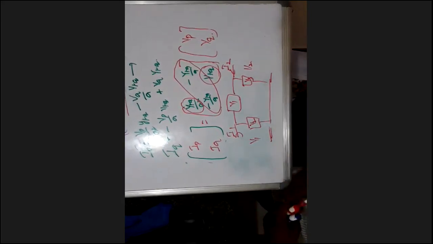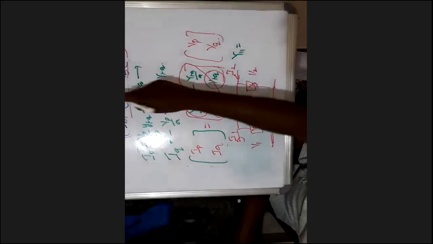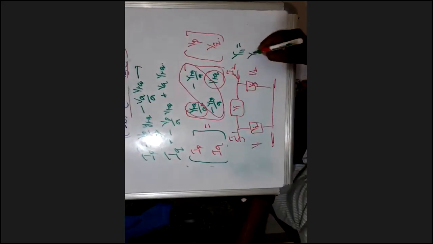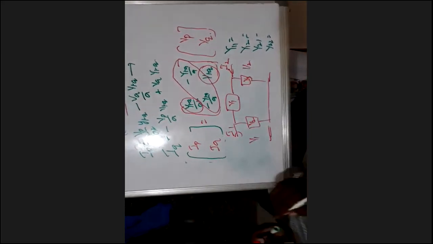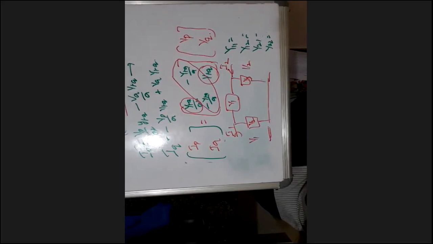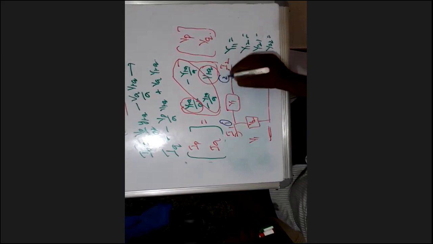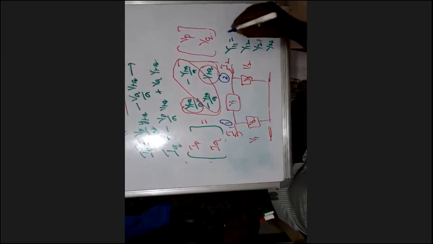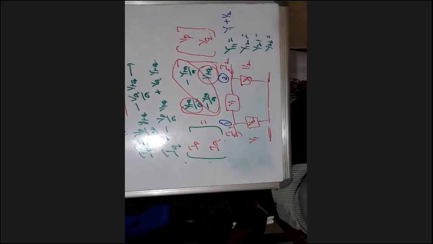Now using this, can you tell me what is Y11 from here? What is Y12? What is Y21? What is Y22? Can you see it below? Right. What is Y11? If you take this as port 1 and this as port 2, from this can I write Y1 plus Y2 by the direct inspection method?